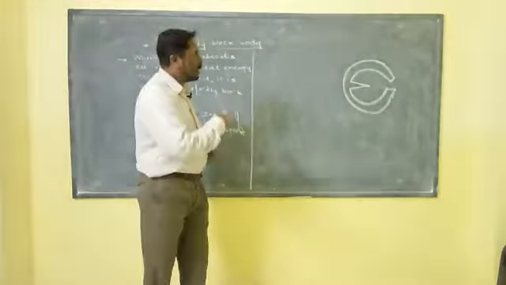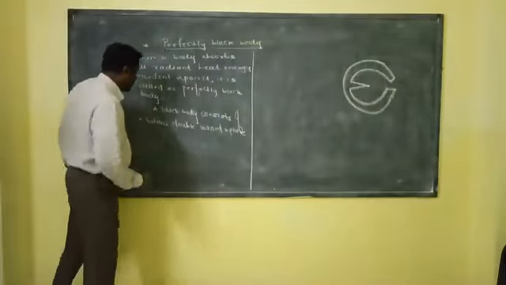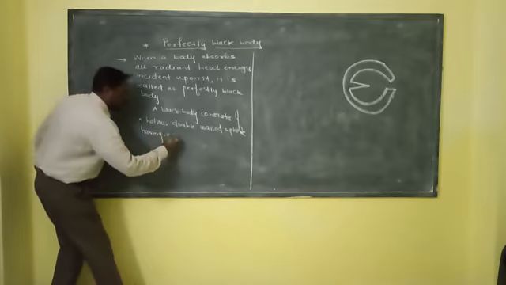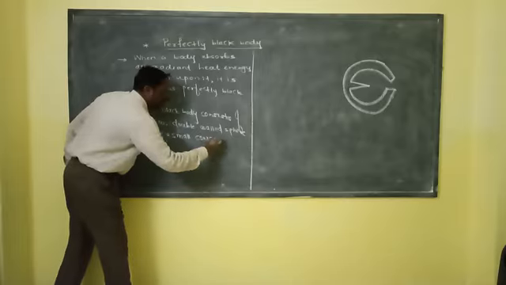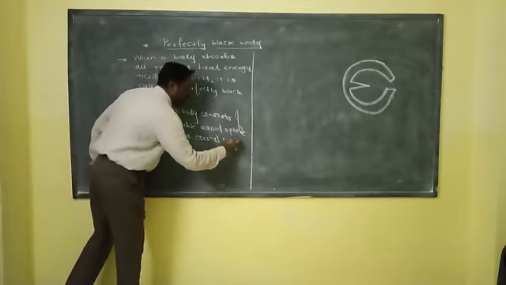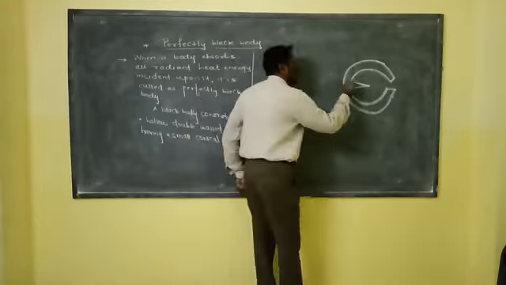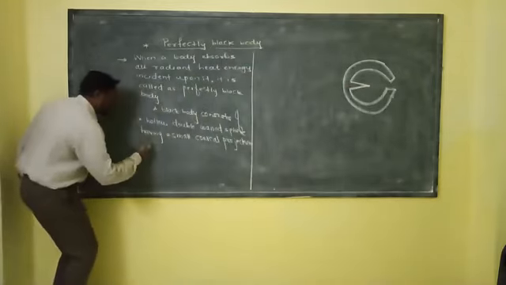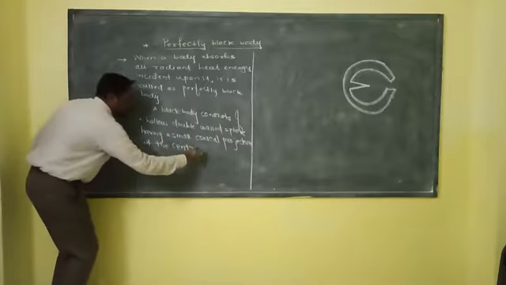It is a hollow double-walled sphere having a small conical projection. This is nothing but a small conical projection at the center.